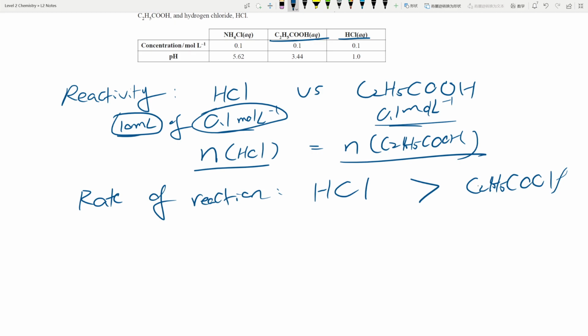This is why we learned everything before acids and bases. If you chuck some zinc into HCl, and then chuck the same amount of zinc, same surface area, same everything, into the same concentration of C2H5COOH, and you look at the rate of the reaction, the HCl is going to be much, much faster.